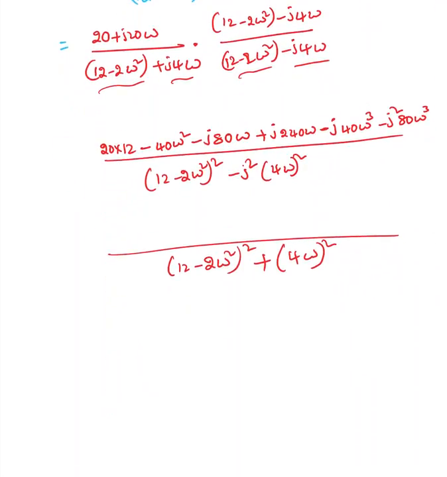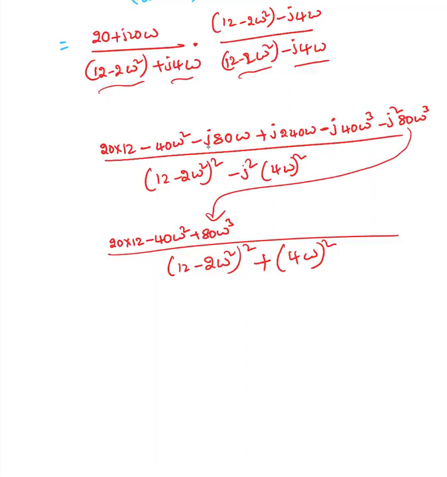Okay, so as I mentioned, I'm not going to worry about the multiplication. I'm going to keep it as it is, but I'm going to separate the imaginary part on the side. So minus j square is nothing but 1, so plus 80 omega cube. This term is from here.